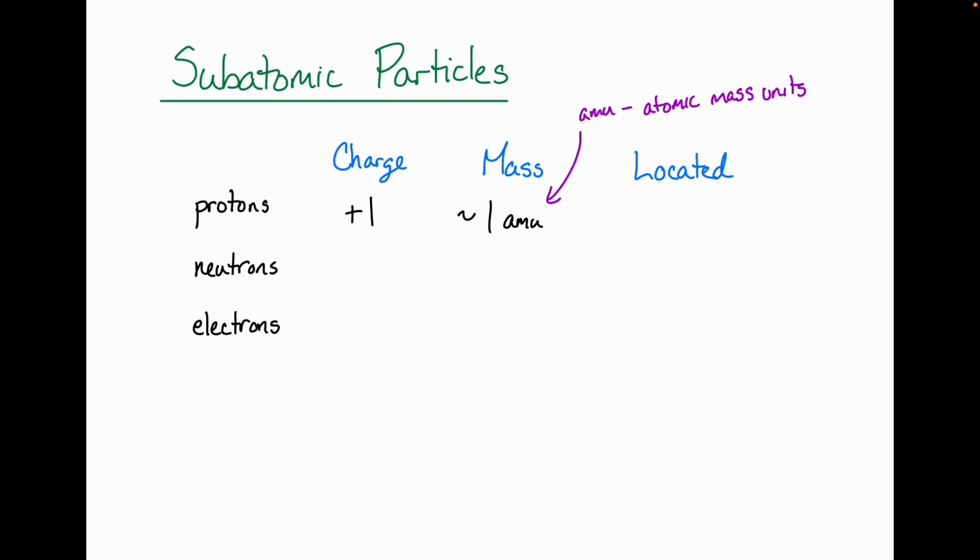We talked about units of mass before, the grams and the pounds. Atoms are so teeny small that using a gram would be a ridiculously large unit of measure. So they have these units that they made up specifically for atoms to measure stuff that's really teeny tiny small. Okay? So we use these special units of AMU to talk about the mass of these teeny tiny subatomic particles. Okay? And the proton is located inside what's called the nucleus of the atom.